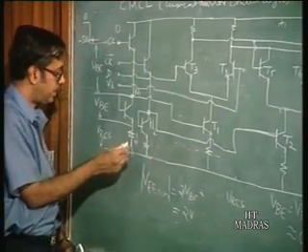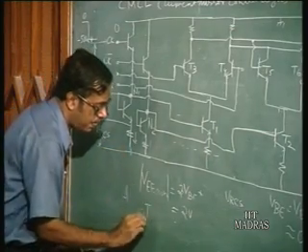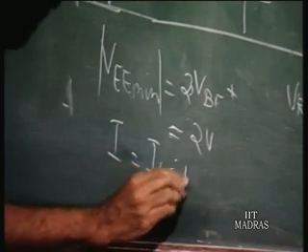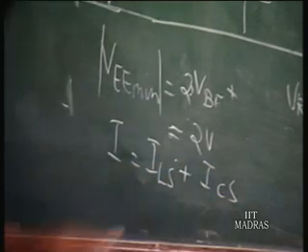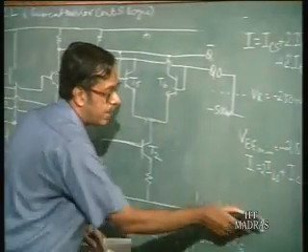So, we can say I is equal to ILS plus ICS. Basically, let us see, if it is 2 volts, then minus VEE is minus 2 volts here.